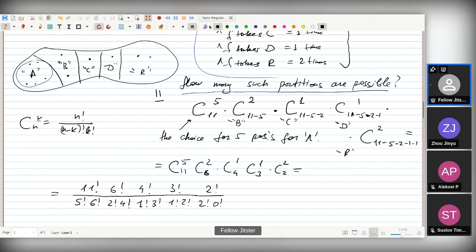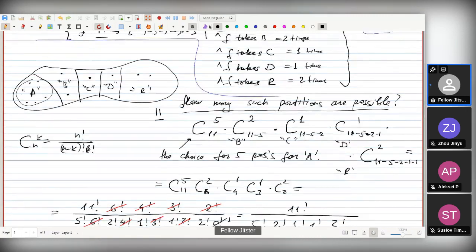Yeah. And look, here we have something interesting. 6 factorial is cancelled out. The same for 4 factorial, the same for 3 factorial, the same for 2 factorial, and this is, of course, just 1. And we obtain what? 11 factorial over 5 factorial, 2 factorial, 1 factorial, 2 factorial.